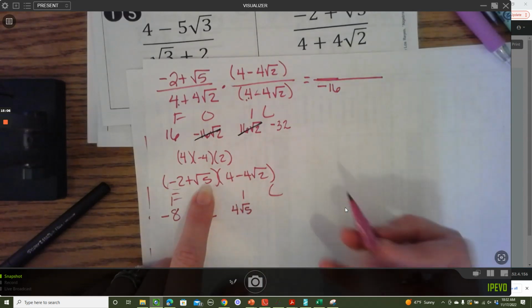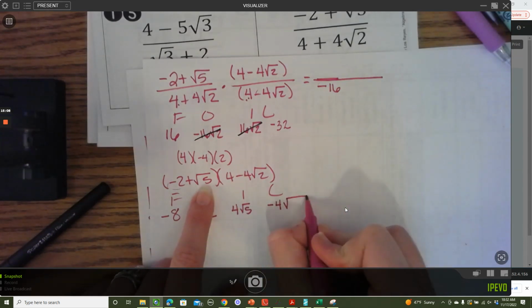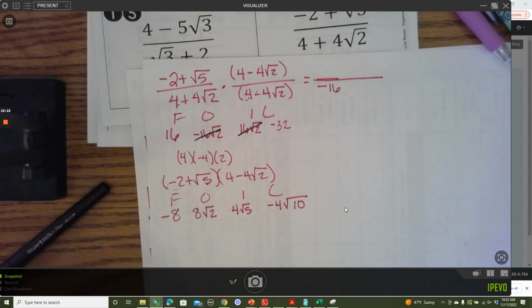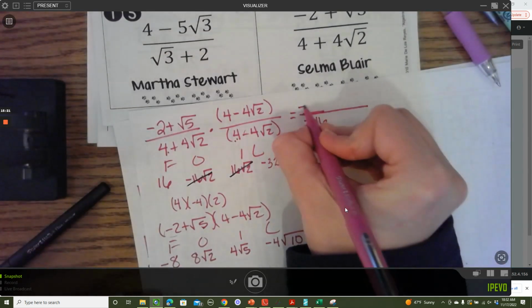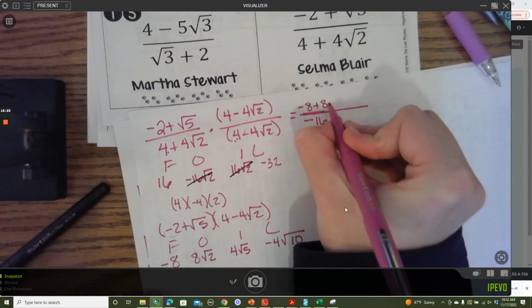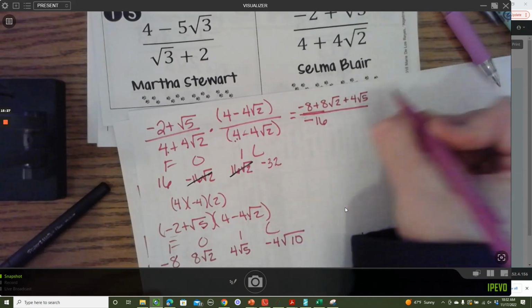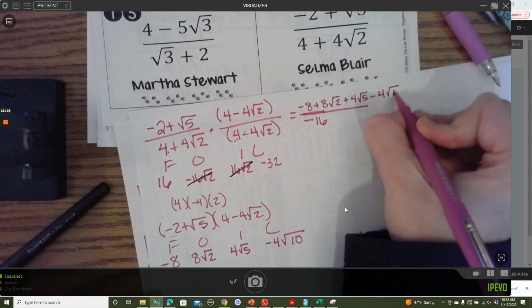So the negative 4 just stays. Keep this. 5 times 2 is 10. Anything that'll combine? Nothing, right? So negative 8 plus 8 times the square root of 2 plus 4 times the square root of 5 minus 4 times the square root of 10.